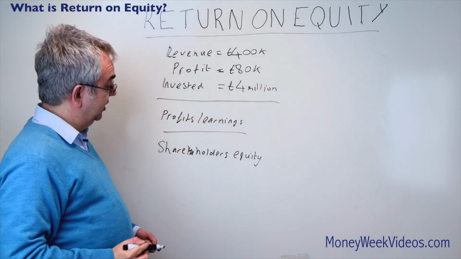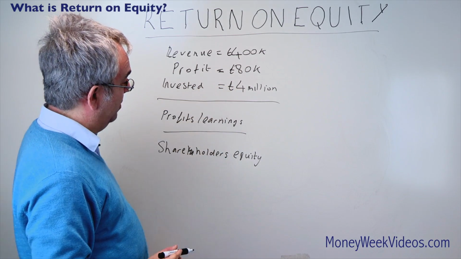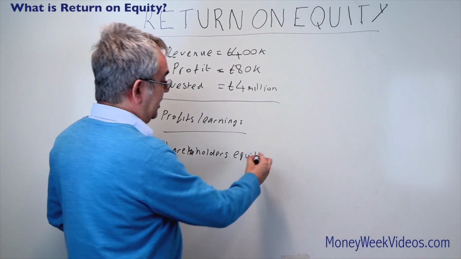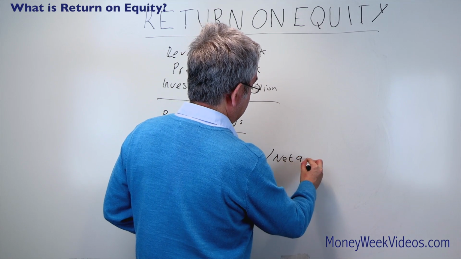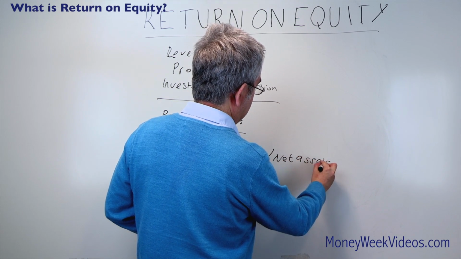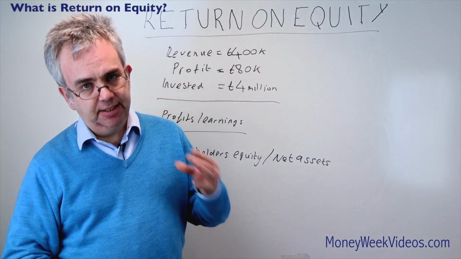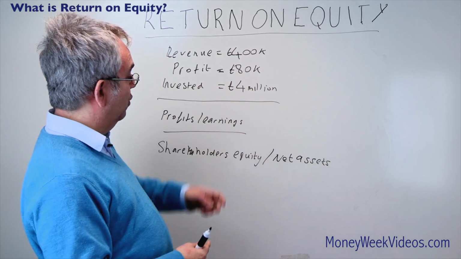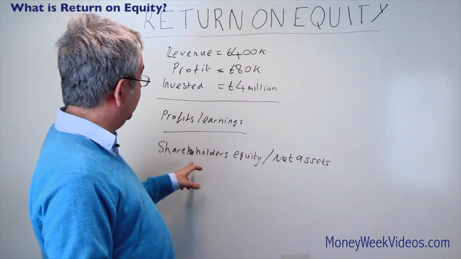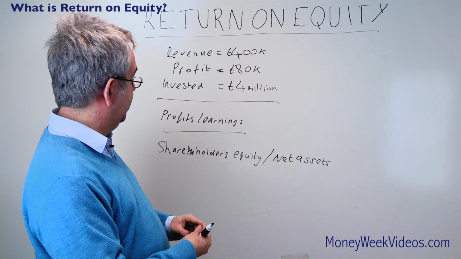If you're wondering what shareholders' equity is, it's basically that £4 million number. And it's always actually the same as net assets. Net assets is total assets minus total liabilities, and it's also £4 million. Net assets are always the same as shareholders' equity.